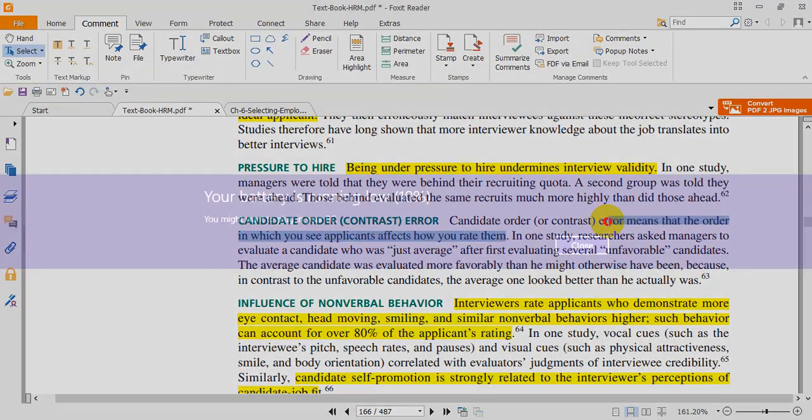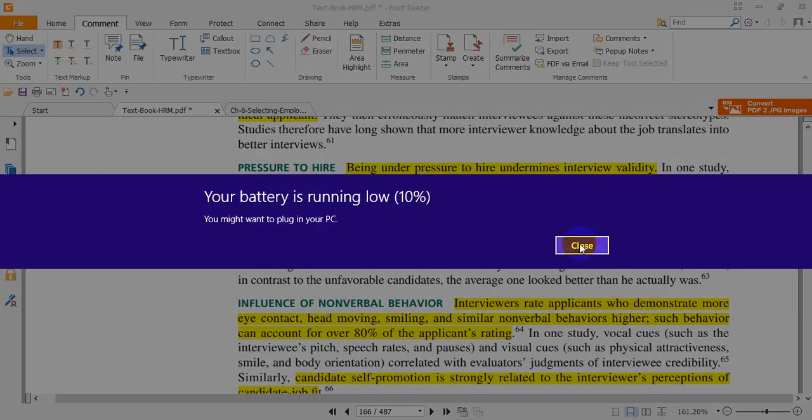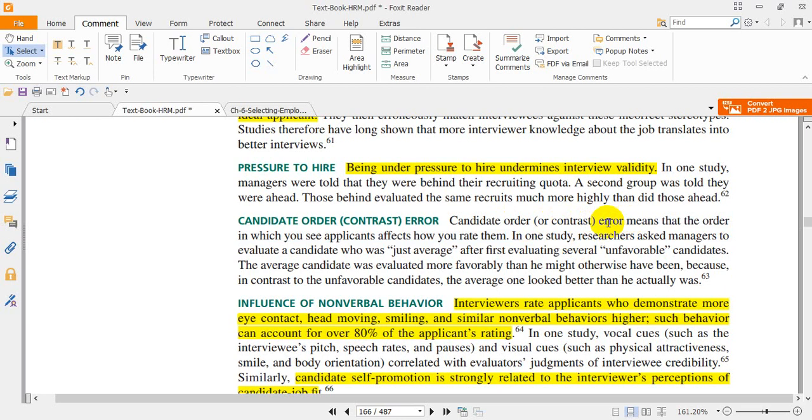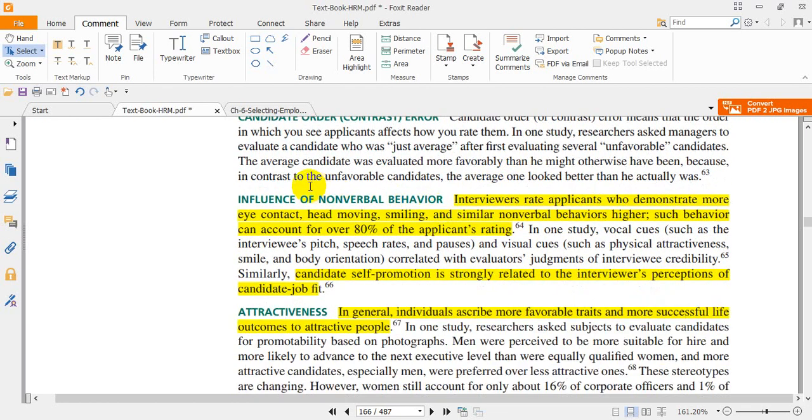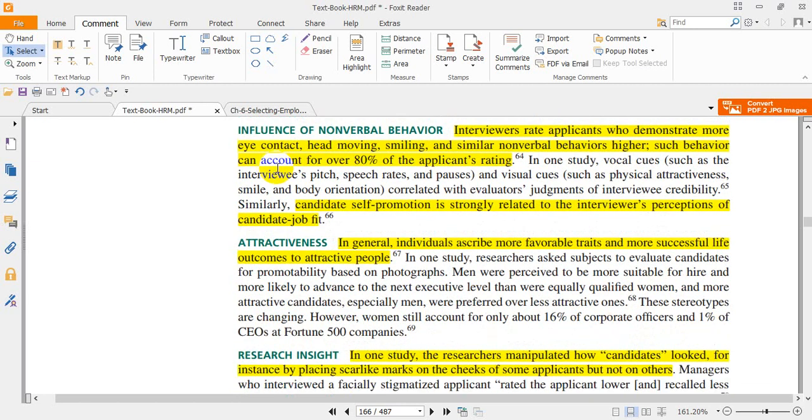Means the employer is being affected by the opinion of the applicant. And let's stop in this section, and I will continue in the next part of this presentation.